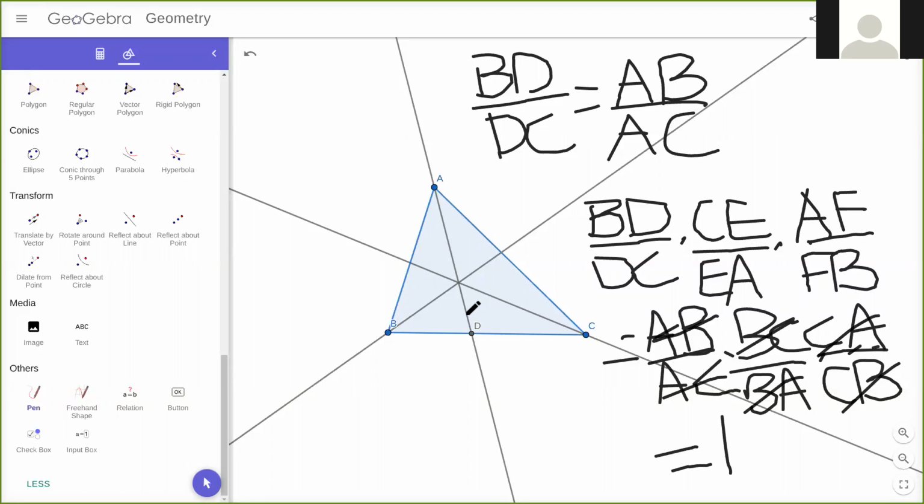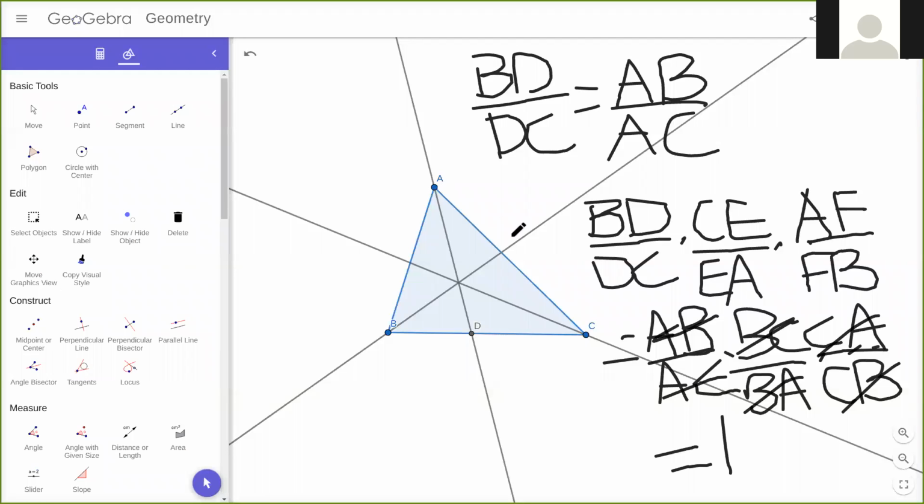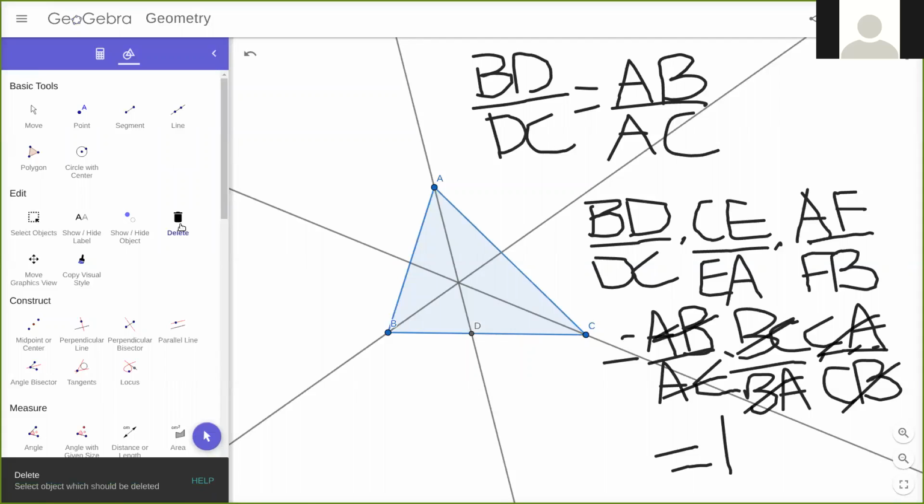And so it turns out that AD, BE, and CF are concurrent. Of course, this isn't the only way you can prove that angle bisectors are concurrent. But it's a cool illustration of how you can use Ceva's theorem. But as someone mentioned earlier, Ceva's theorem isn't that convenient if we want to show that the altitudes are concurrent.